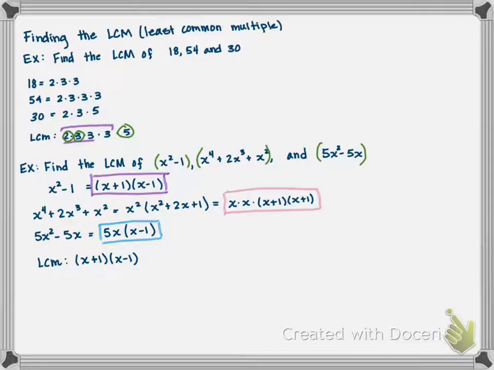How many? 2 of them. Yeah, so I have 2 factors of x. So x times x. Is that all? x plus 1. Yeah, I need another x plus 1, right? Because in order to be a multiple of x times x plus 1 times x plus 1, I have to have 2 factors of x and 2 factors of x plus 1. So I have 1 factor of x plus 1, then I have these 2 factors of x, so I need 1 more factor of x plus 1.